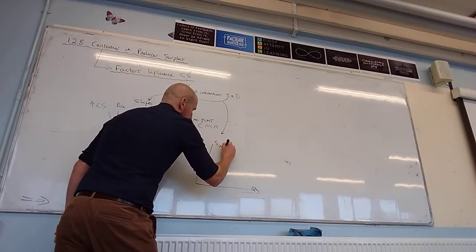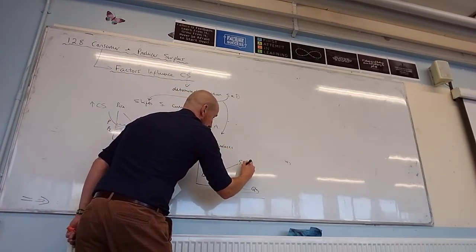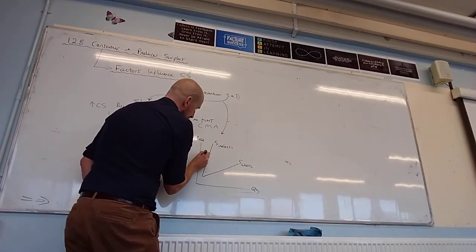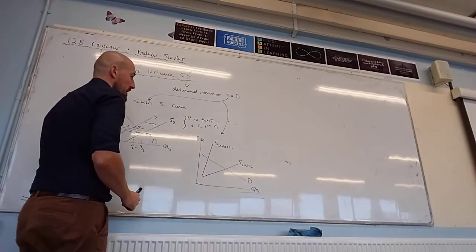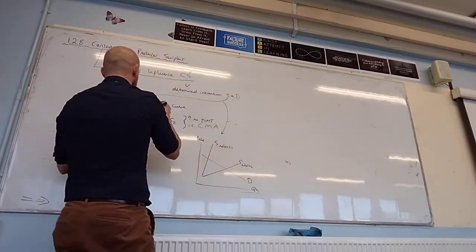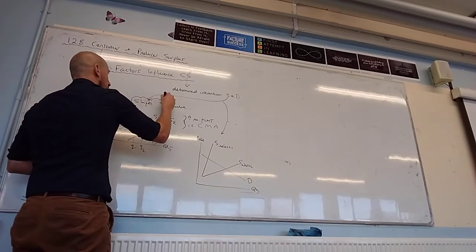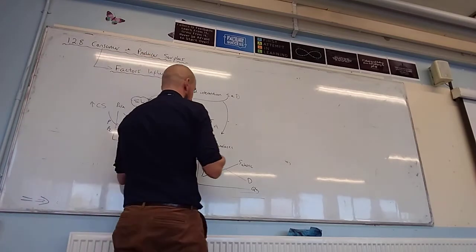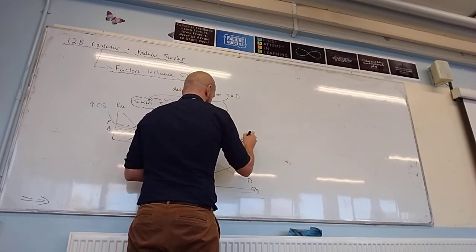Inelastic, excellent. I then have a more elastic supply curve. Let's just draw a demand curve in there as part of that process. So there are either shifts in supply or the idea of elasticity.